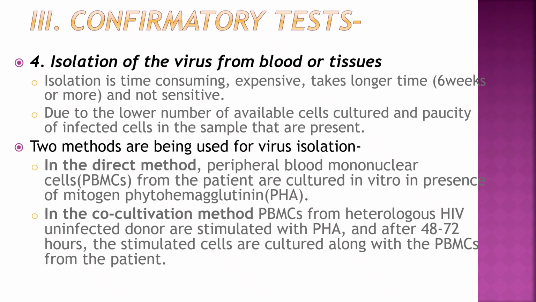In the indirect method, peripheral blood mononuclear cells from the patient are cultured in vitro in presence of mitogen phytohemagglutinin. In the co-cultivation method, PBMCs from a heterologous HIV uninfected donor are stimulated with PHA, phytohemagglutinin, and after 48 to 72 hours, the stimulated cells are cultured along with PBMCs of the patient.